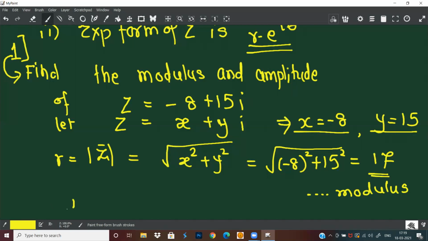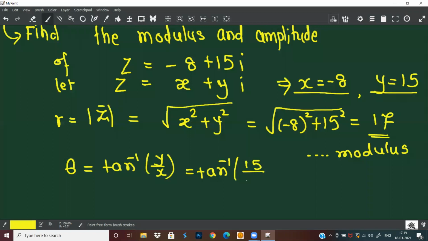And amplitude theta is given by tan inverse of y by x, which is tan inverse of y, what is my 15? Do you know that tan inverse of minus x is minus tan inverse of x?